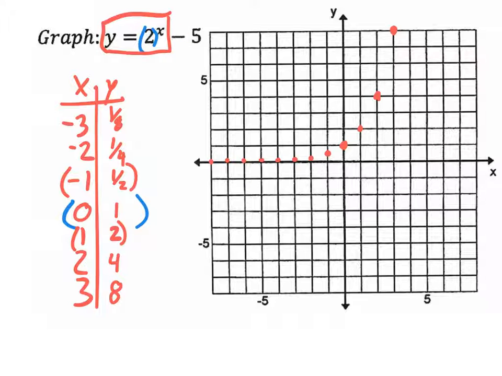Now, if I did not have this -5, then that would be it. That would be my answer. But because I do have a -5 right there, I need to take every single one of these coordinates and shift them 5 units down. So this guy, you go 1, 2, 3, 4, 5, and put a dot right there. I might as well do all of them at once. So as you can see, I shifted them all 5 units down.